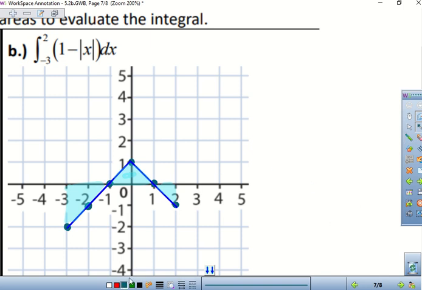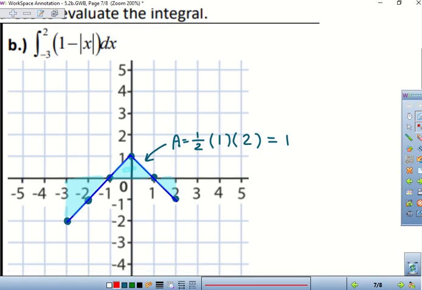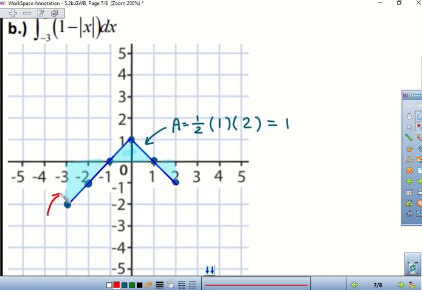We're going to find the area of each of these spaces individually. What kind of shape is this? A triangle, so it's 1/2 base times height. The height is 1, the base is 2, so that gives me 1. Everybody see how I got that? This one is also a triangle: 1/2 times 2 times 2.